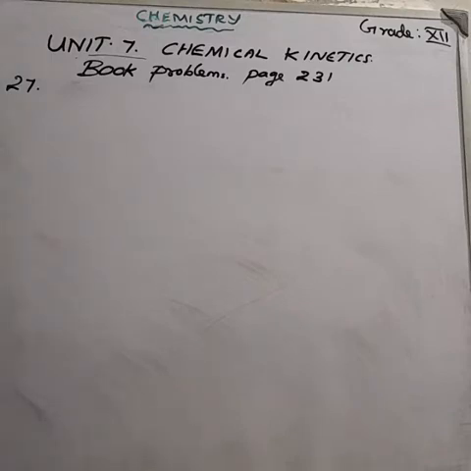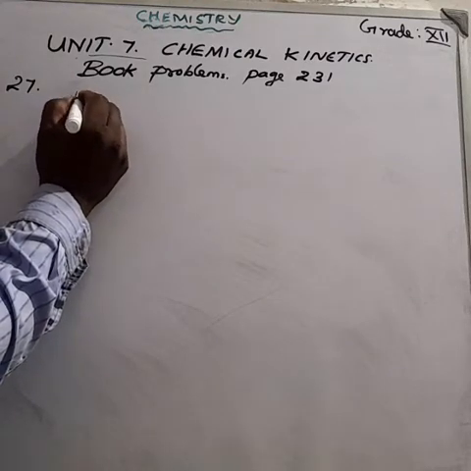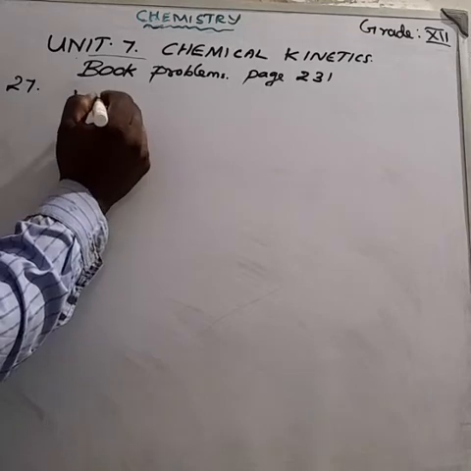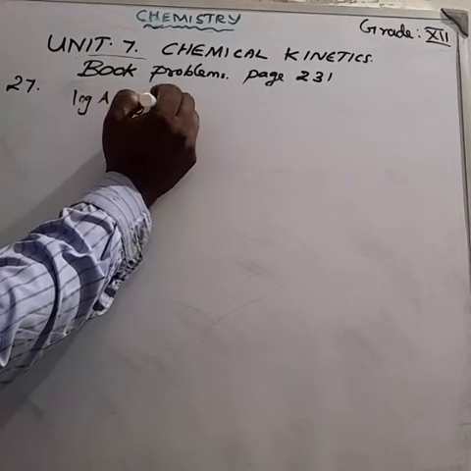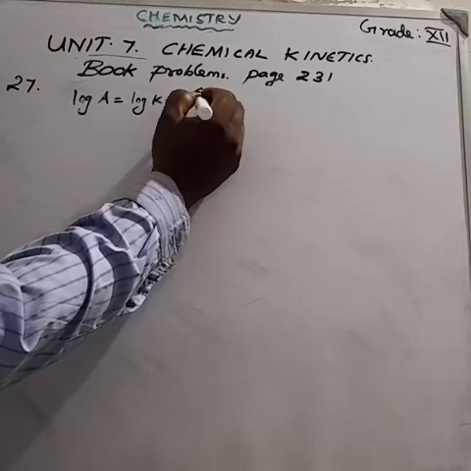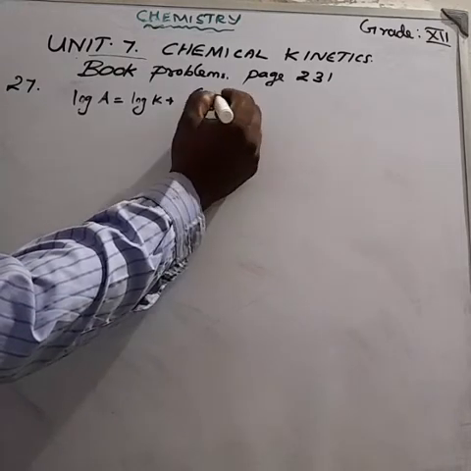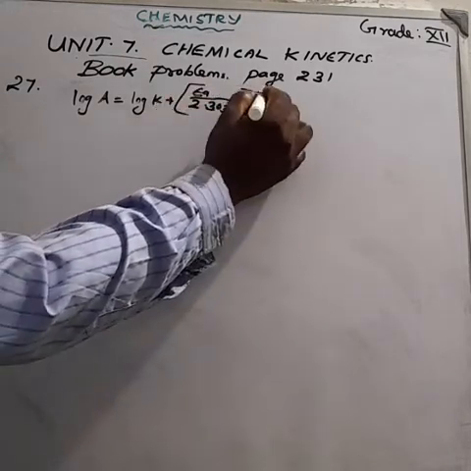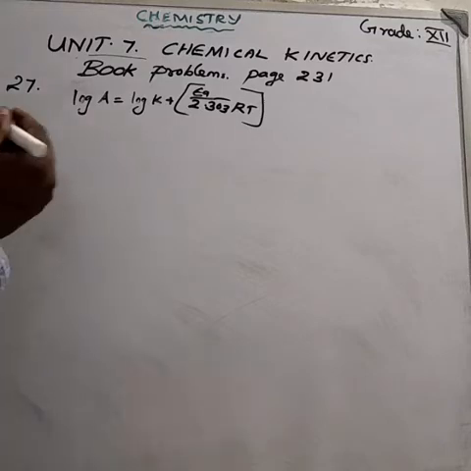Here we are using one formula: log A is equal to log K plus EA divided by 2.303 RT. Before that, we have to know what is given.